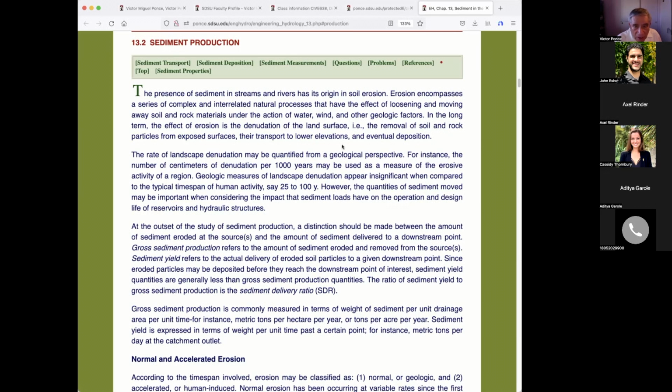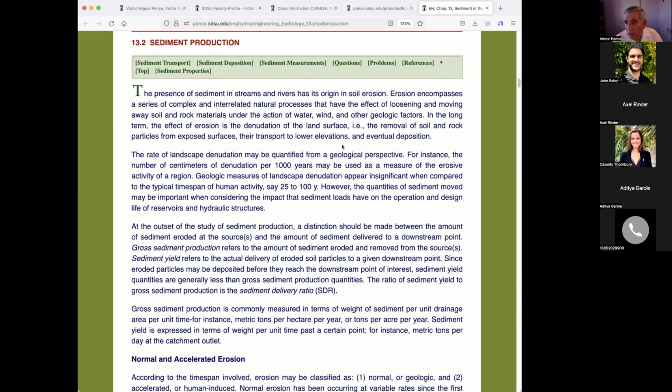Okay. So, all sediment originates in rocks. So how fast is denudation, the landscape denudation? We can quantify that in terms of a depth per a number of years. Typically, for instance, we talk about the number of centimeters of denudation, meaning removal of rocks into sediment, per 1,000 years.